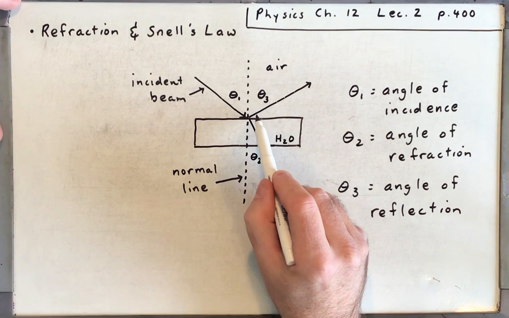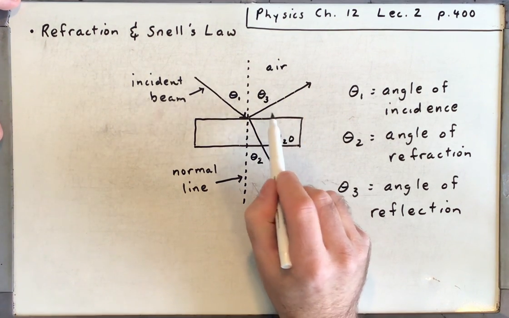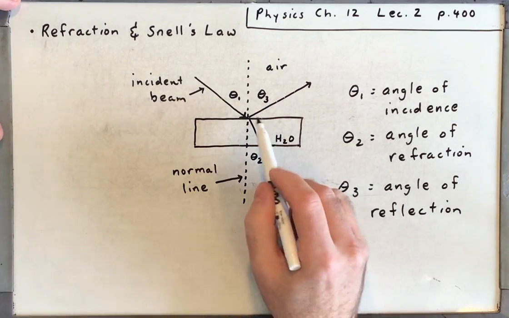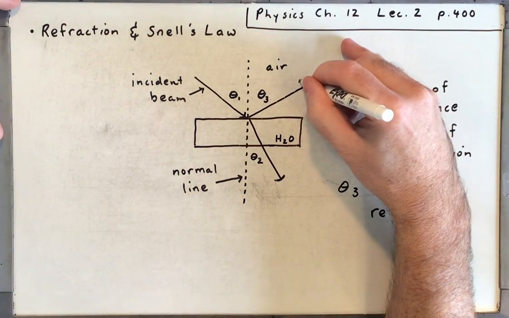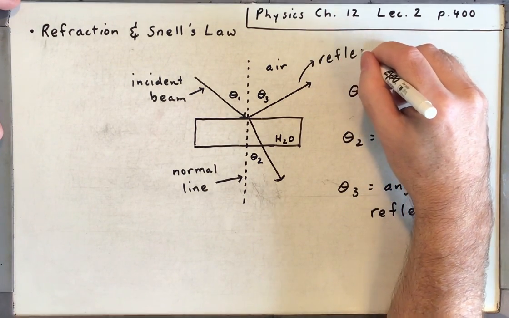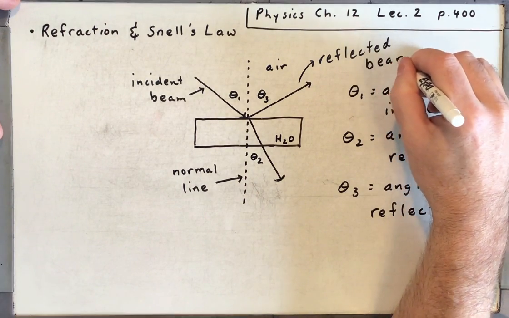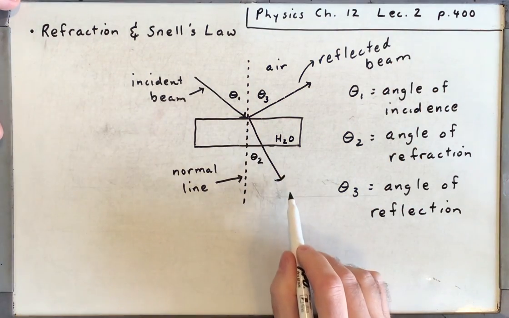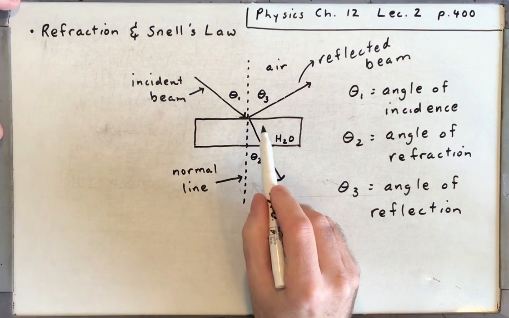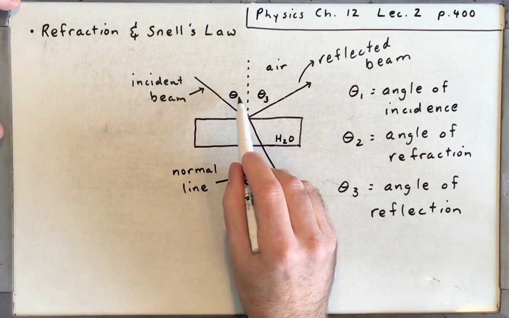Some of that light is reflected. So theta 3 would be the angle of reflection. Some of that light passes through the water, okay? And you can see that theta 2 is smaller than theta 1.